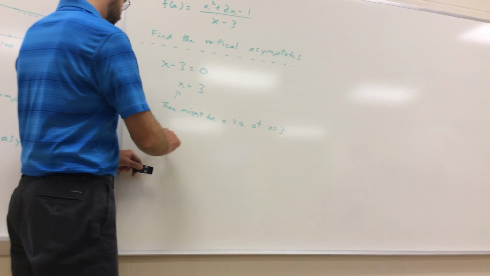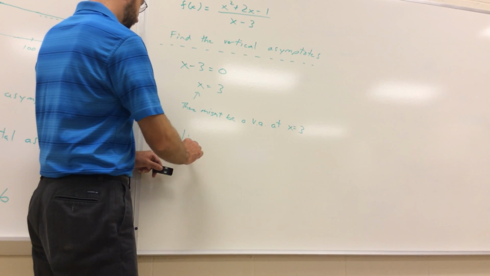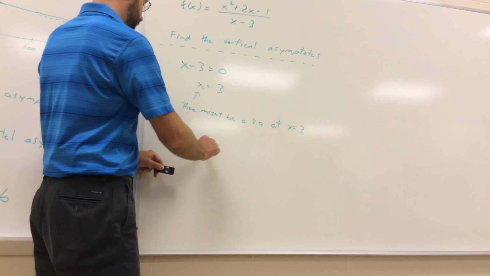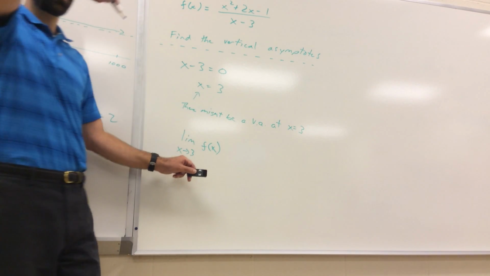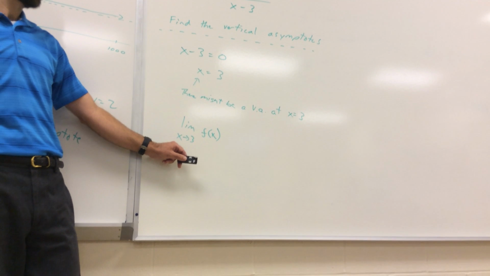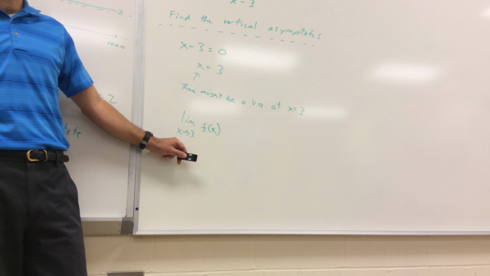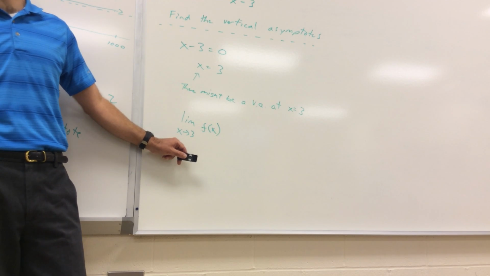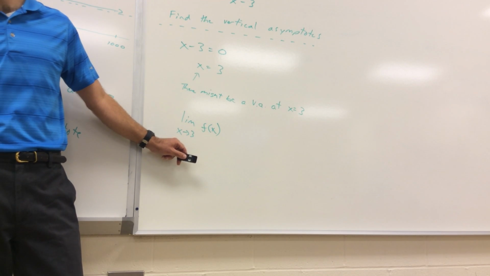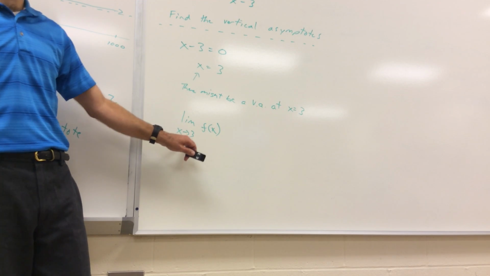So we're going to calculate the limit as x goes to 3 of f of x. So 3 is a good candidate for a vertical asymptote, but we don't know for sure yet whether it is, and that's why we're calculating this limit.